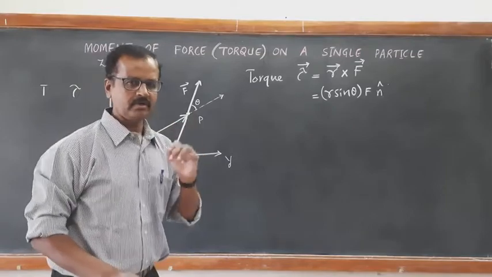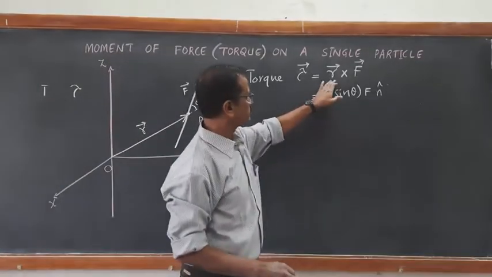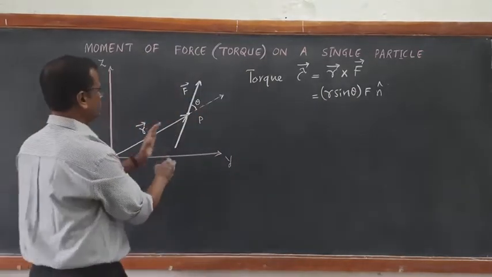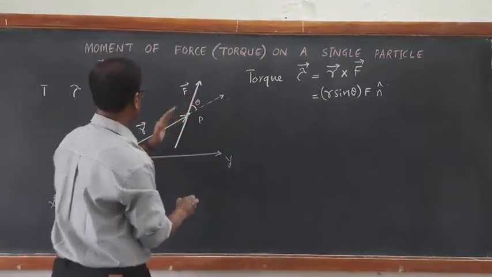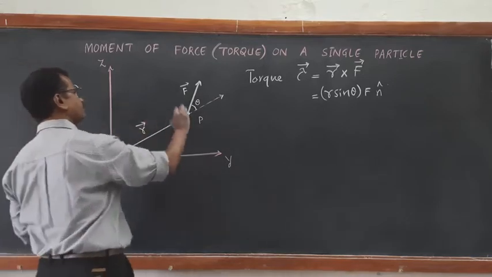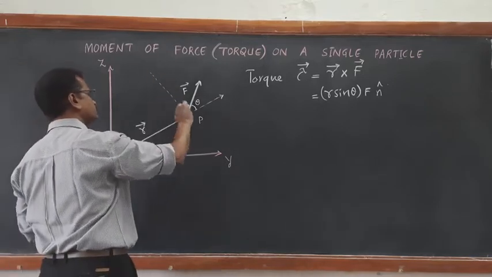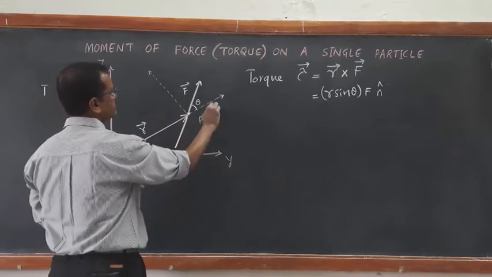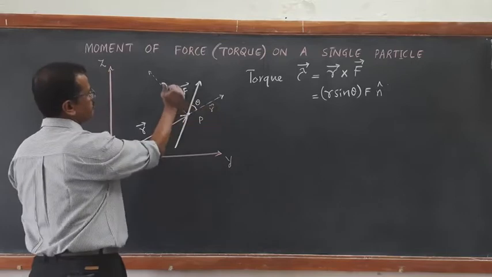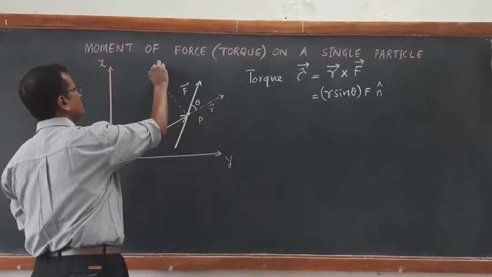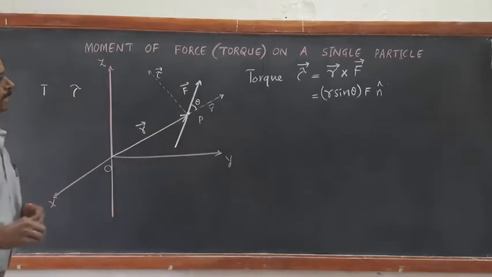The direction of torque is perpendicular to both position vector and force vector. It will be in this direction, perpendicular to this one. So this becomes the direction of torque. If you rotate it, this is extended R cross F, so this becomes the torque tau vector, right?